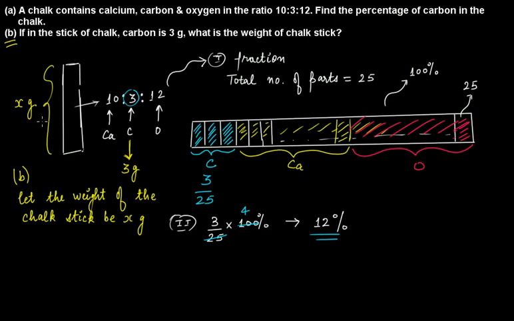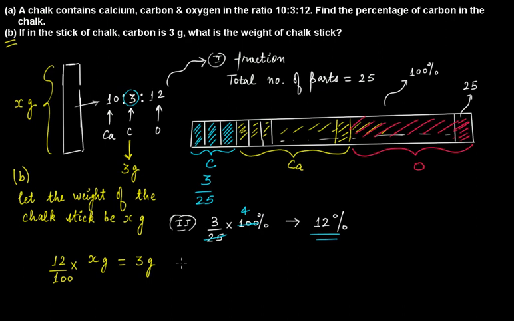If the weight of the chalk is X gram, then the 12% of this X gram. And why 12% of this X gram? Because the carbon is present in 12% in this chalk. So 12% of this X gives us what? 3 gram, because that information is given to us.